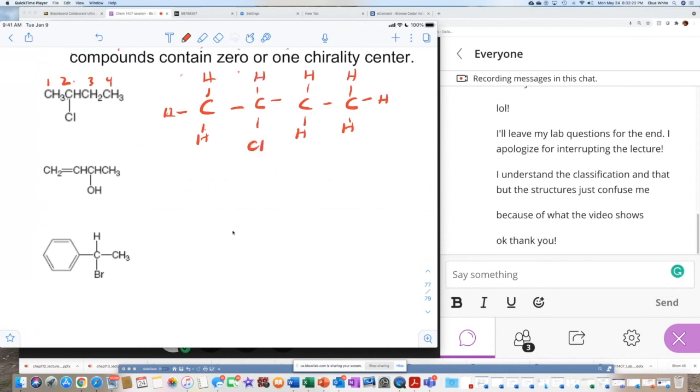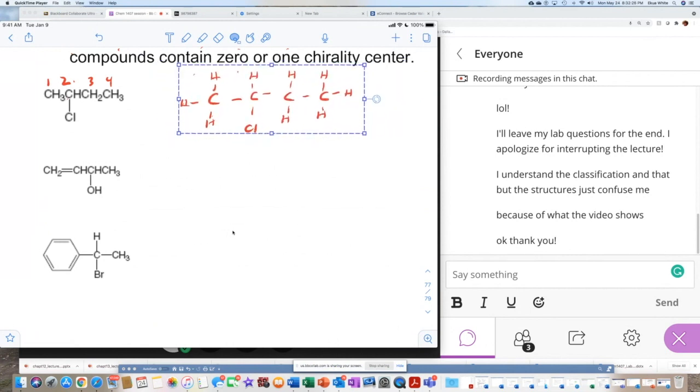Let me make this slightly smaller because I need space for the other molecules. This is different. This is different. This whole group is different, making this carbon a chirality center. So it's 1 center.